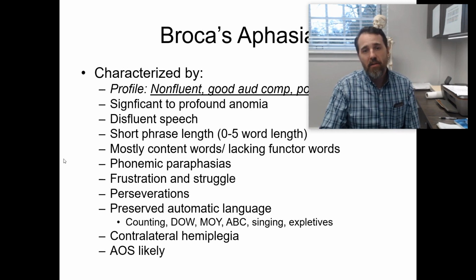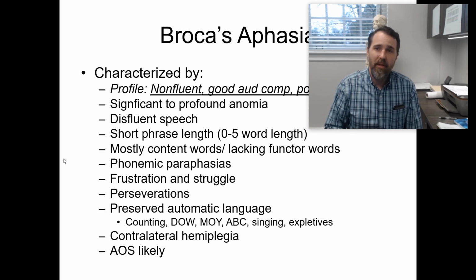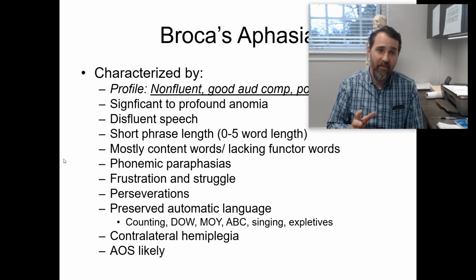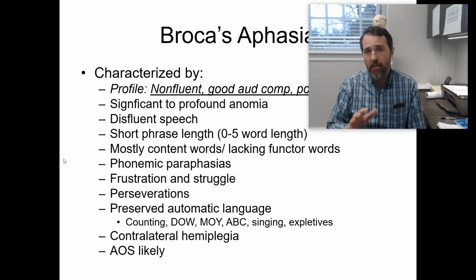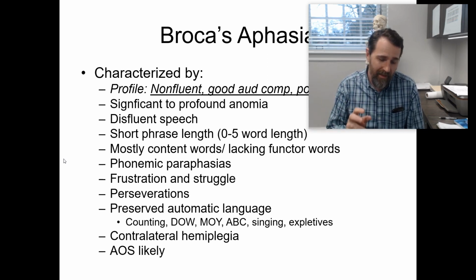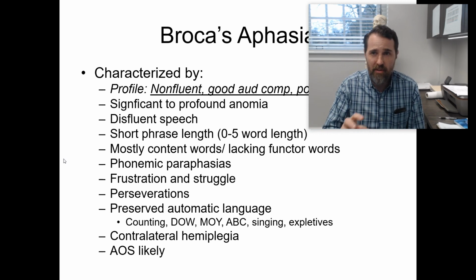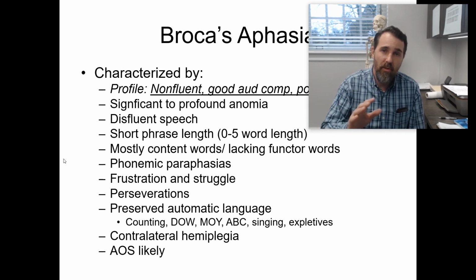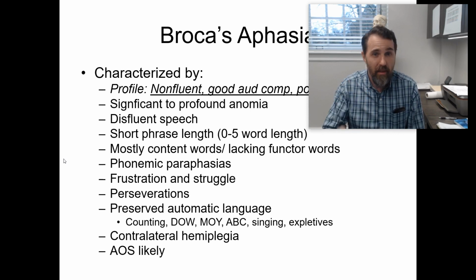So when I say disfluent, I'm talking about an MLU of 0 to 5. If someone with Broca's aphasia produced a 5-word utterance, you'd probably fall out of your chair. So it's more likely that your person with Broca's aphasia has an MLU of more like 2 words, 3 words maybe.